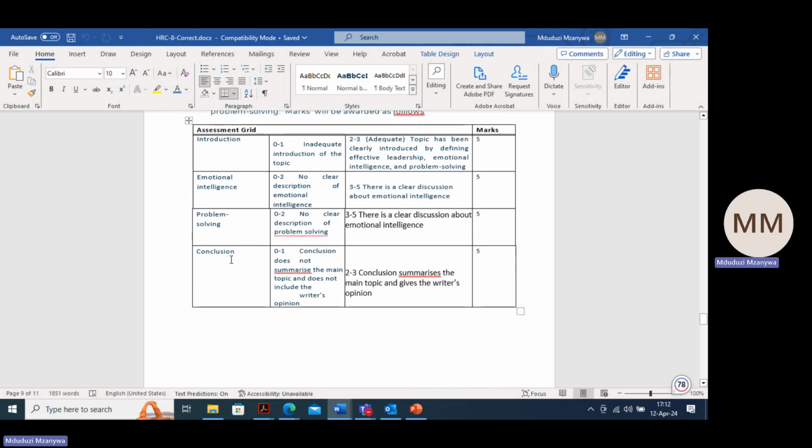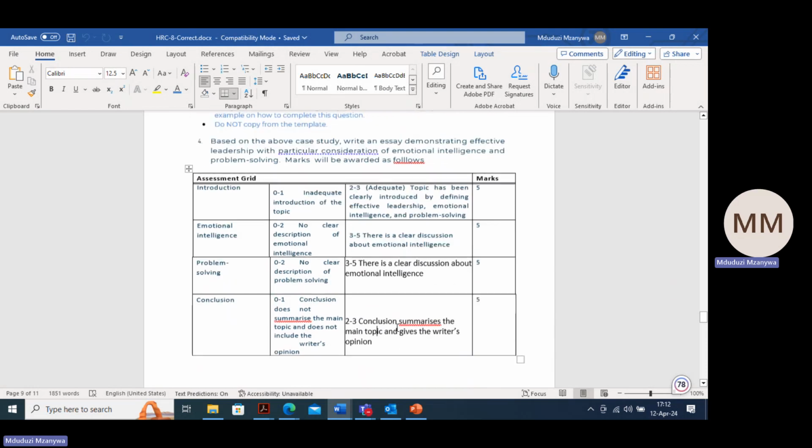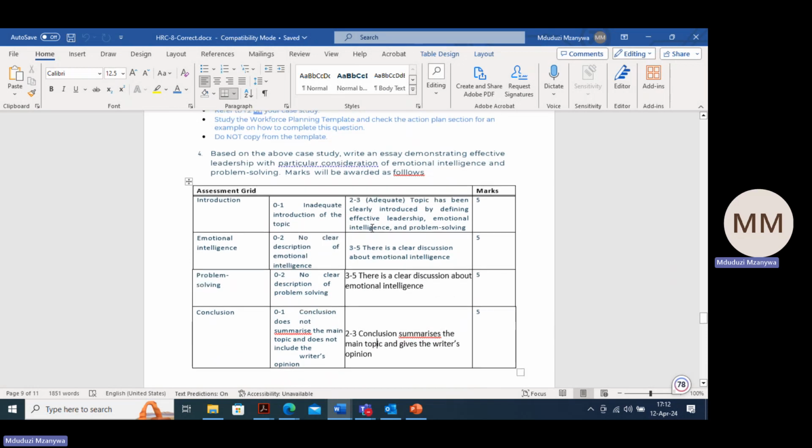And then problem solving. What can you tell me about problem solving? And then you come to the conclusion. You do not introduce new points, but what can you tell me about these things and their importance maybe in the workplace?